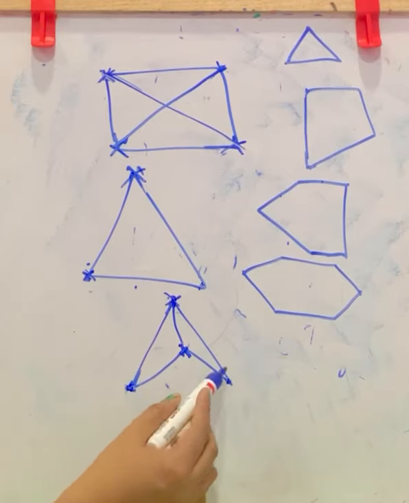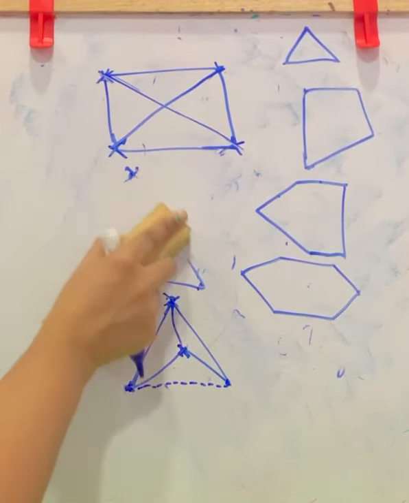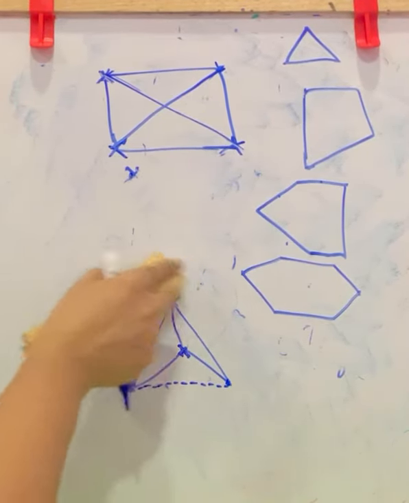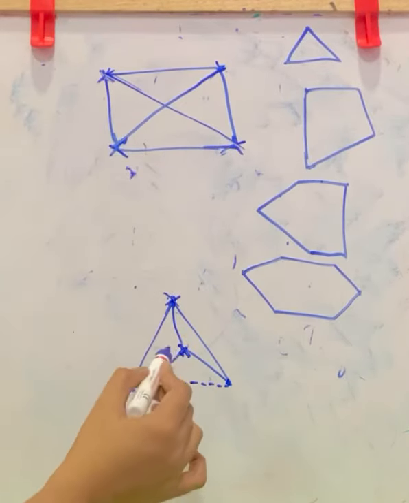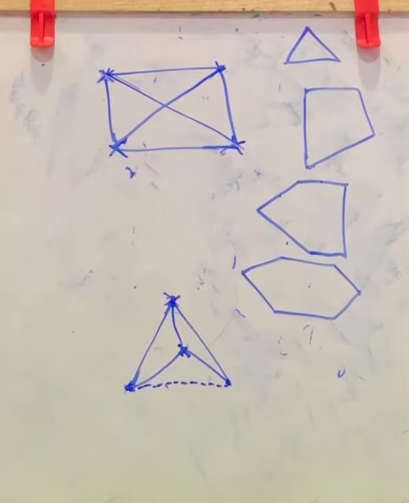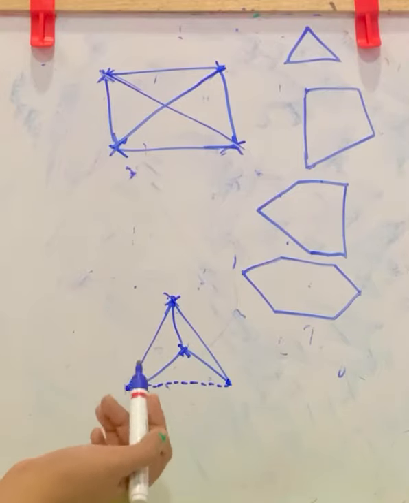But this point is not consecutive. So non-consecutive, join it. So in a triangle we have no diagonals, but here we have diagonals. One is inside the figure, here one is outside the figure. So we can categorize these as convex and concave polygons.